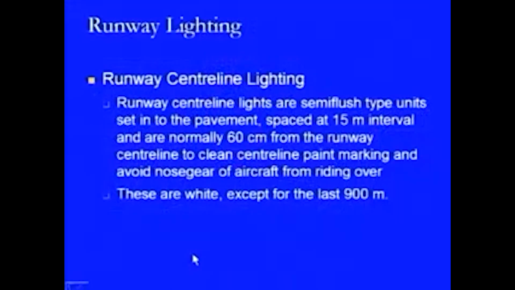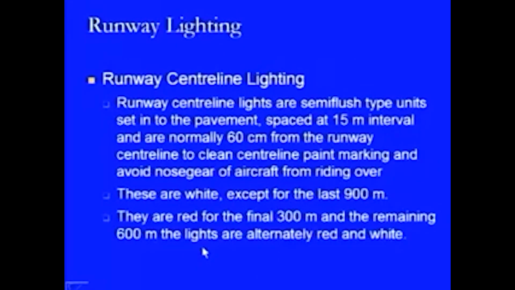These are white except for the last 900 meters. They are red for the final 300 meters, and for the remaining 600 meters the lights are alternately red and white. So, this is how the various distances will be understandable to the pilot based on the various colors along the runway center line.